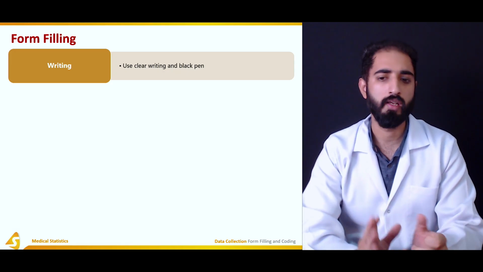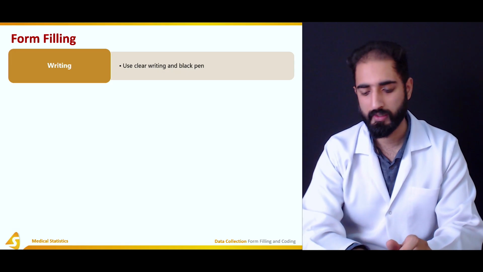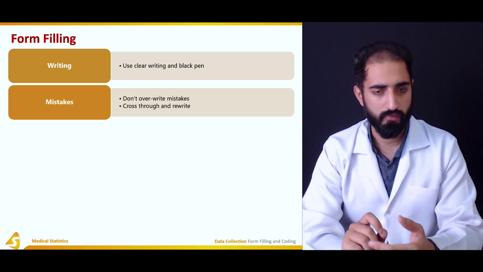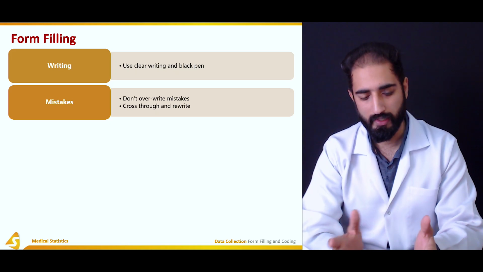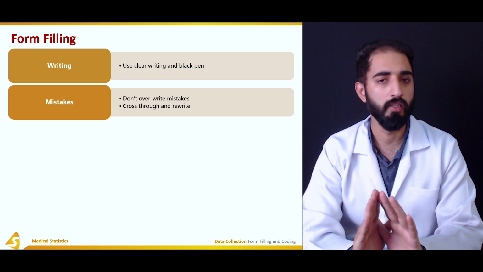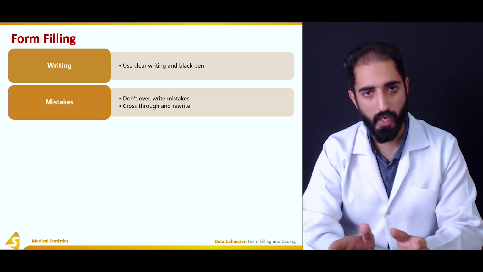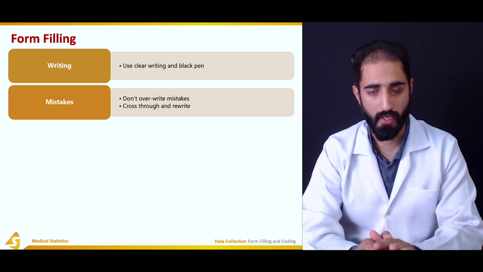So use clear writing with a black pen. Whenever you make a mistake while entering the data, don't overwrite it, just cross through it, use a whitener and rewrite.